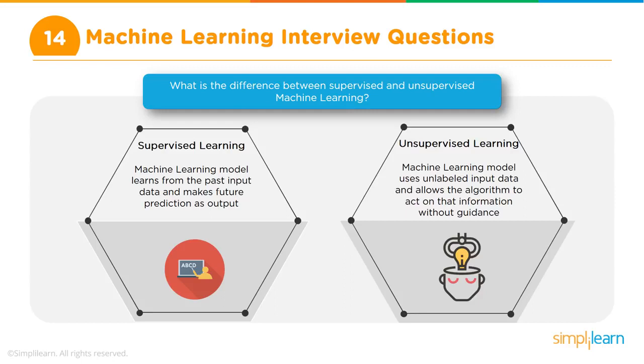But you may have historical data, and if it is not labeled, then you cannot use it for supervised learning. So it's very key that we put in that keyword labeled. When we have labeled data for training our model, then we can use supervised learning. And if we do not have labeled data, then we use unsupervised learning. There are different algorithms available to perform both of these types of training.